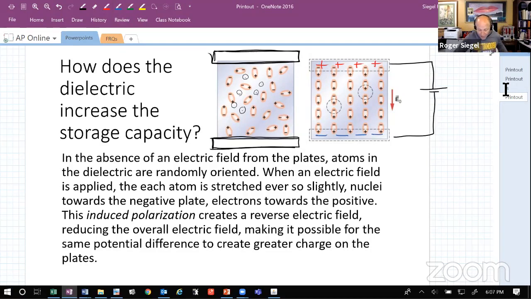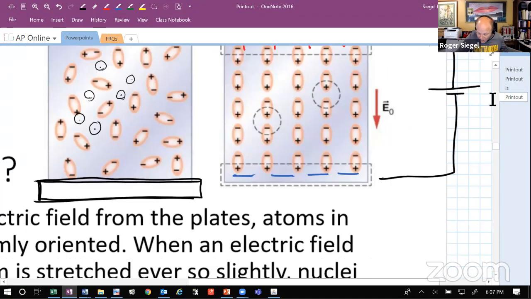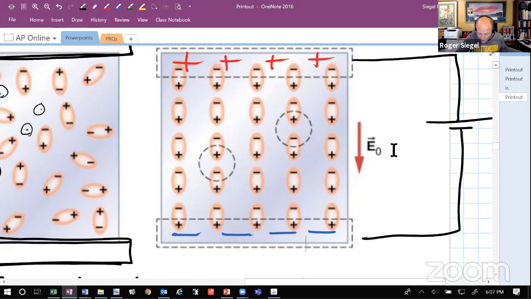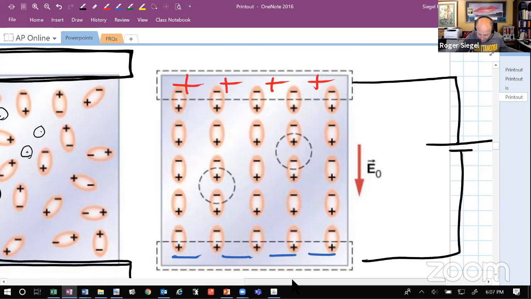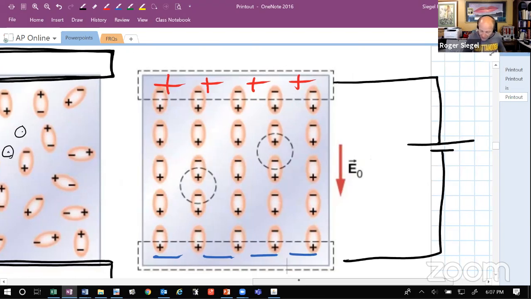All right, so let's go ahead and zoom in on that and see how that's going to play out. So I've got this electric field E naught, and that is my electric field that I would have without a dielectric. Now each one of my little atoms has been polarized by this electric field.